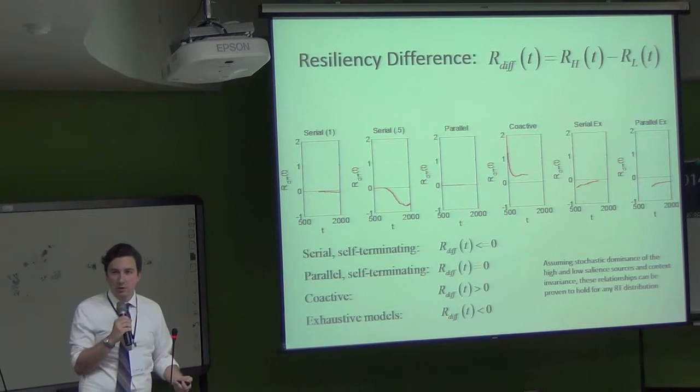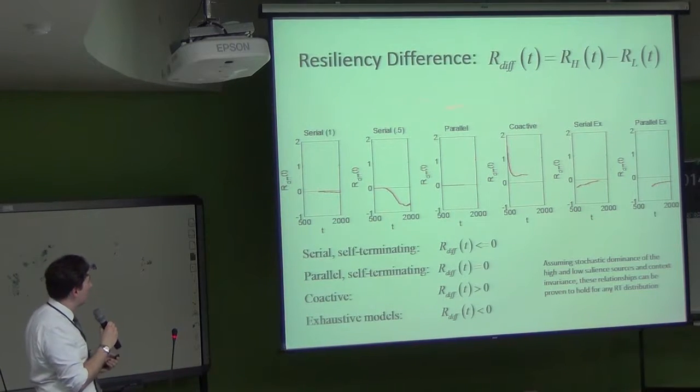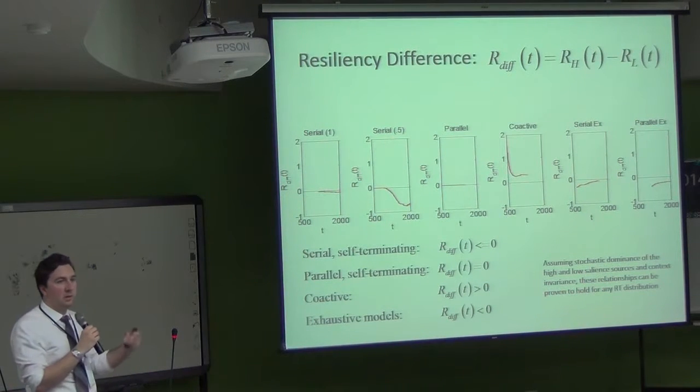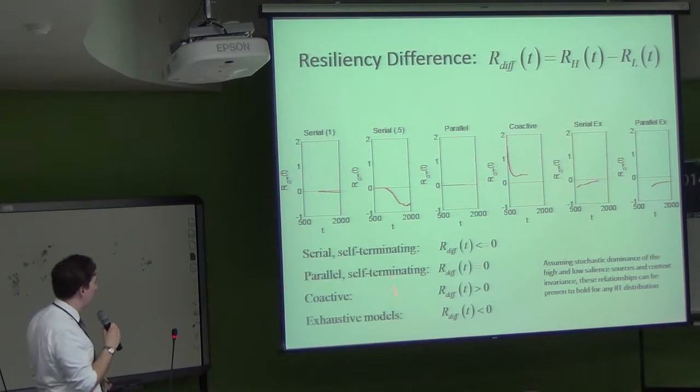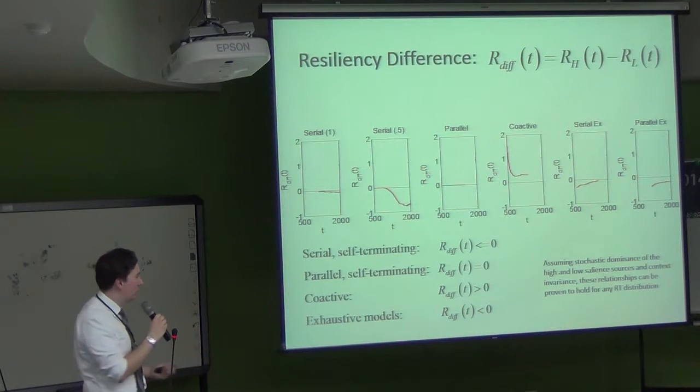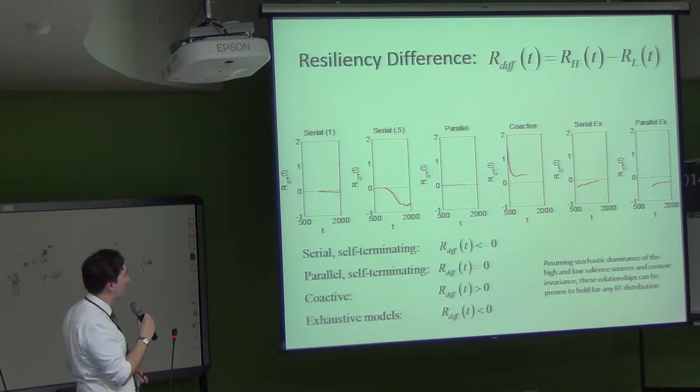If we make some assumptions about the ordering of these distributions, the ordering of the conflicting information, and the invariance of the congruent information, then we can actually prove that these relationships hold. So this is sort of a novel measure of information processing that has to do with whenever you've got conflicting information sources.